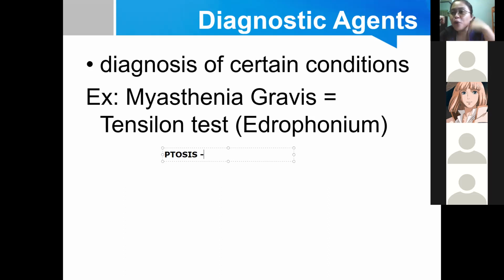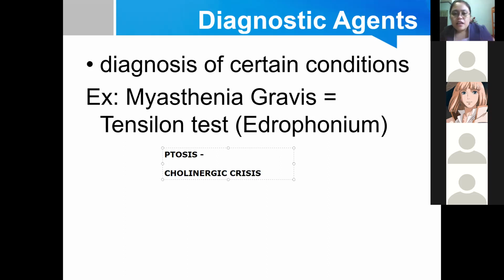Pag wala, paano kung wala na open ang mata? After 5 minutes, wala gihapon na open. Ang ginahimo nila ani dugangan nila ang dose sa edrophonium and then mag-wait na pud sila another minute or minutes. And then pag dili gihapon ma-open ang mata, dili na to myasthenia gravis ang iyahang sakit. Ano na? Wait lang ha. Cholinergic crisis.